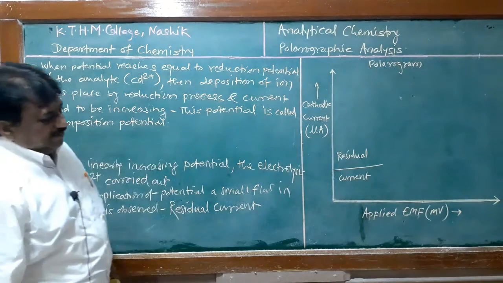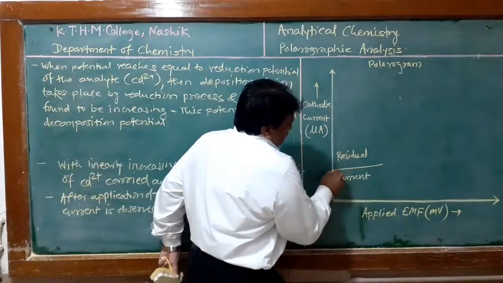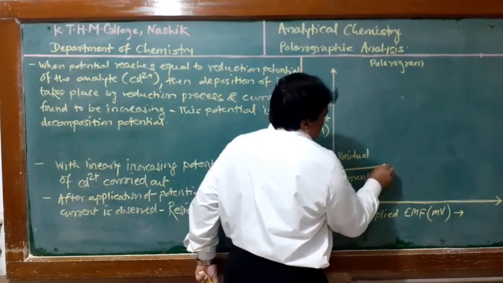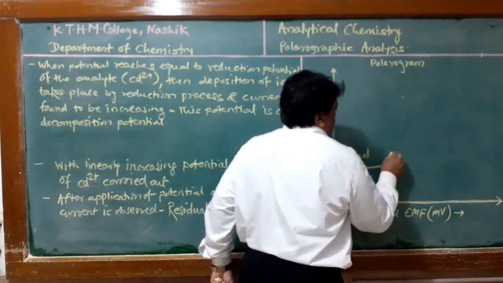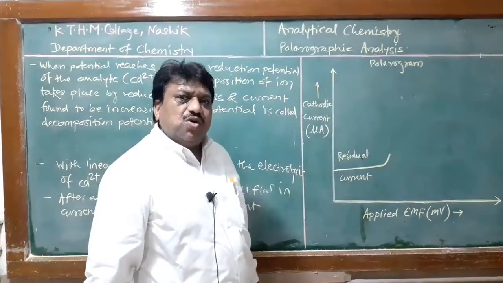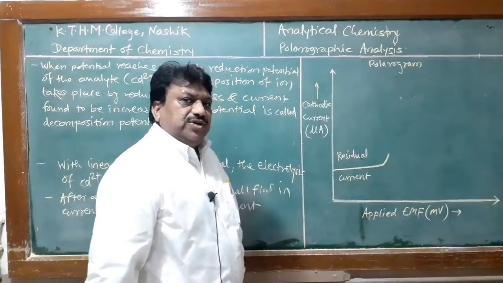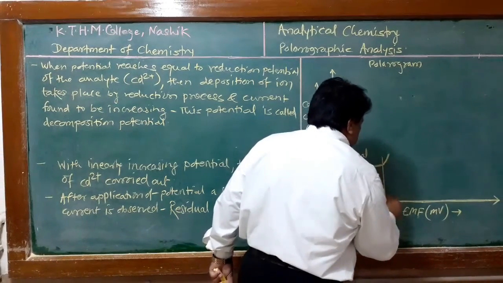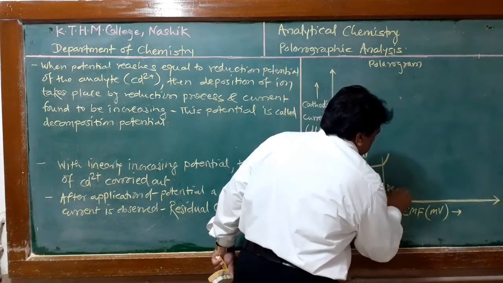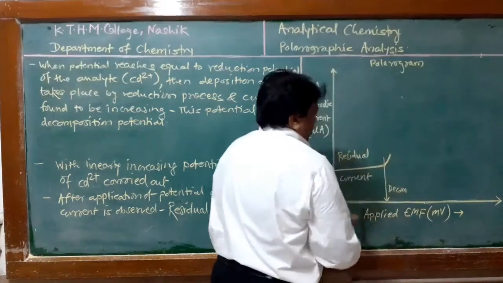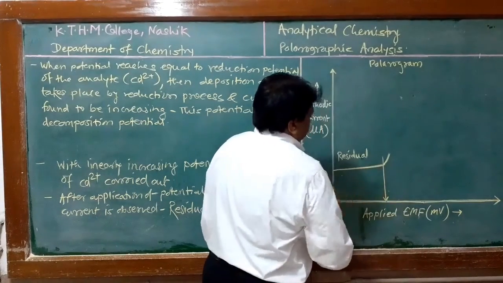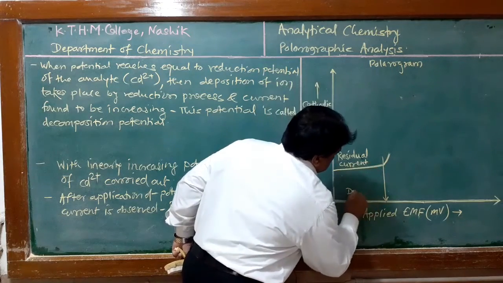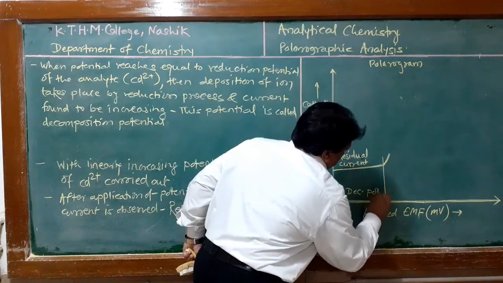Therefore, after a residual current, when potential increases sufficiently, the analyte starts its deposition onto the dropping mercury electrode by reduction process, and the potential at which this happens is called the decomposition potential.